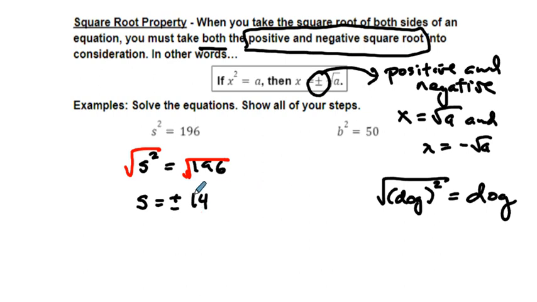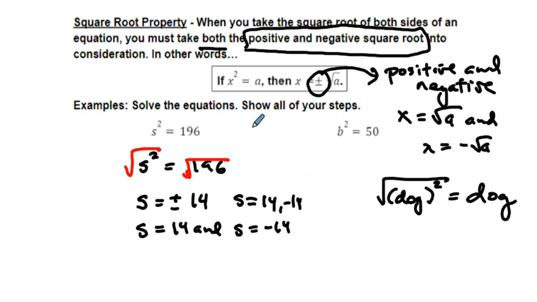Now, as we move forward with this, we will also write this other ways, and we will need to write it other ways to do some manipulations with these. So another way I'd like you to get used to writing this is s is equal to 14, negative 14, or you could write it as s equals 14 and s equals negative 14.